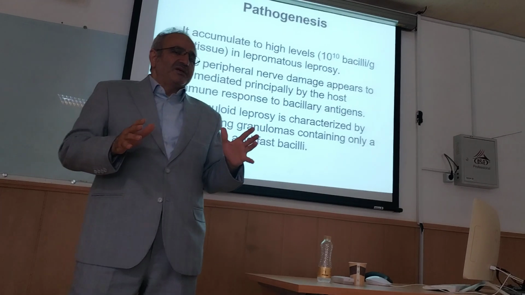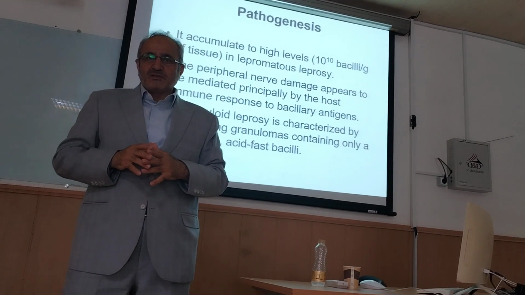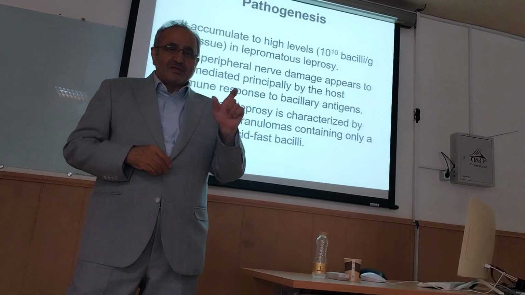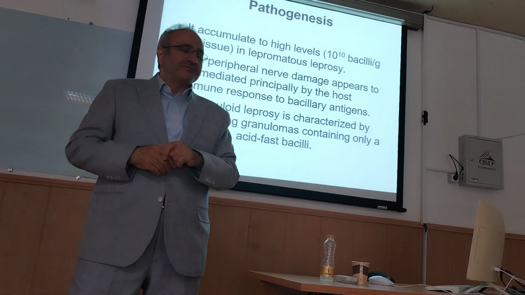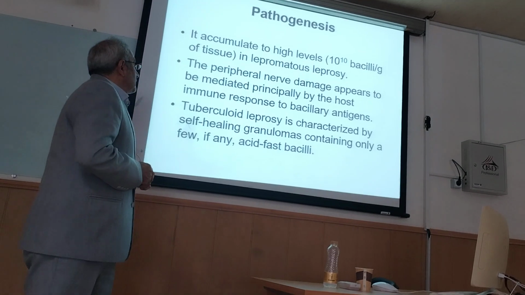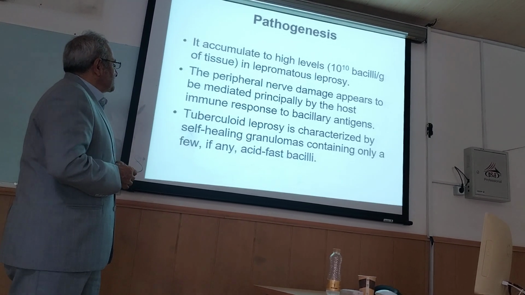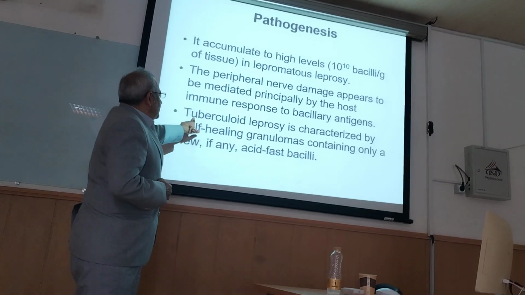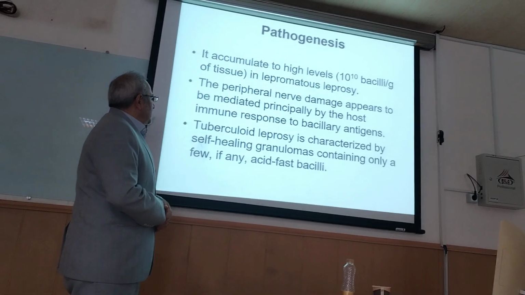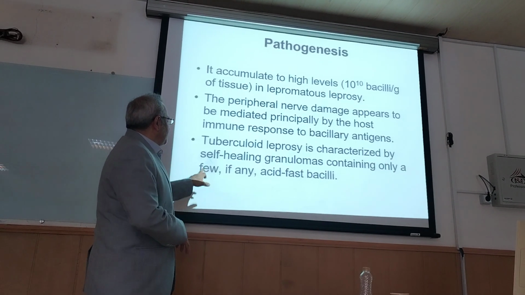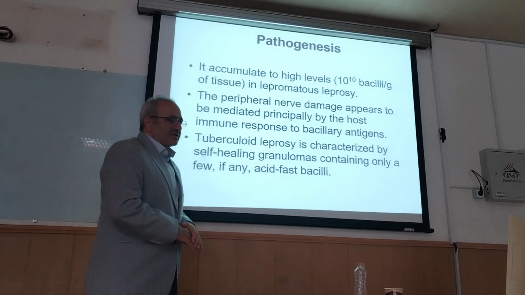In practice, you have slides to see. When Dr. Amy comes to show you, look for the slides for leprosy to check. So it damages the peripheral nerves, and tuberculous leprosy is characterized by self-healing granulomas containing only a few, if any, acid-fast bacilli.